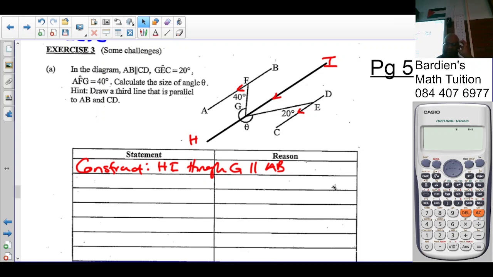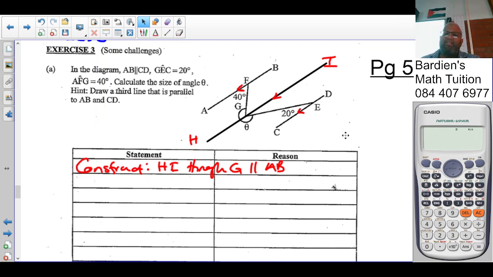Alright, here we go. Again, for the learners who don't understand, what? You understand it now? Who says you understand? Okay, so the idea is to change the diagram in such a way that we can apply the basic Euclidean geometry rules. Without that line HI, we won't be able to solve that angle theta as it stands.